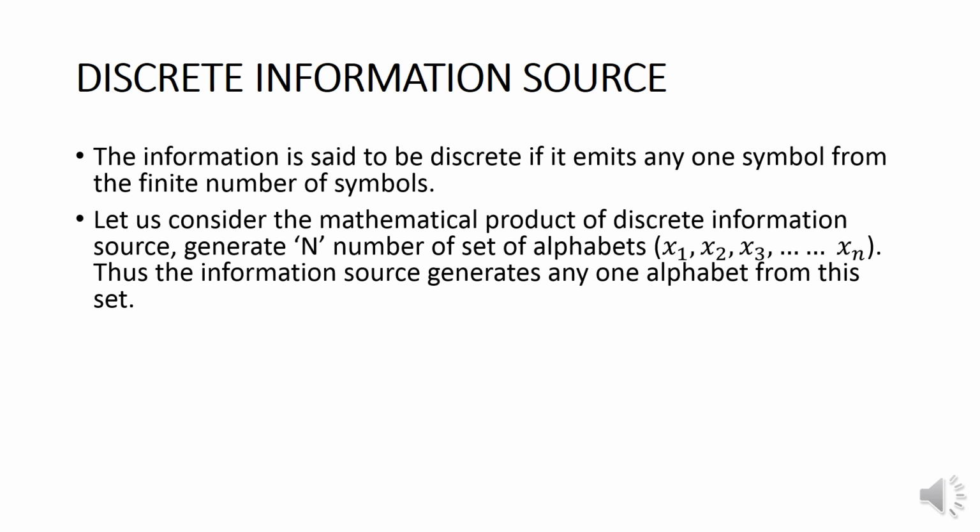Let us further consider that each letter in the alphabet x1, x2, x3 and so on xn has a probability of occurrence pk. So pk is equal to P of X equal to xk, where k lies between 1 to n, and pk is the probability of occurrence of the random output X equal to xk. The summation of probabilities of all letters from x1 to xn is equal to unity.